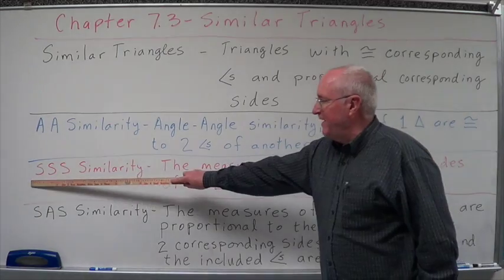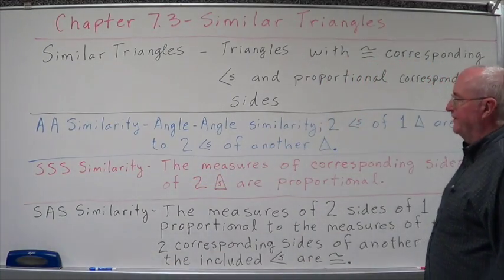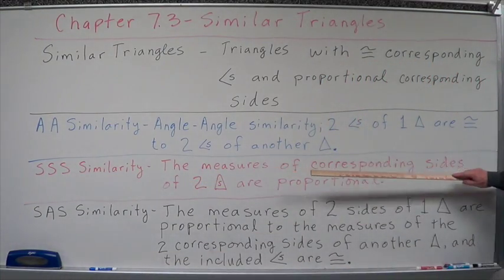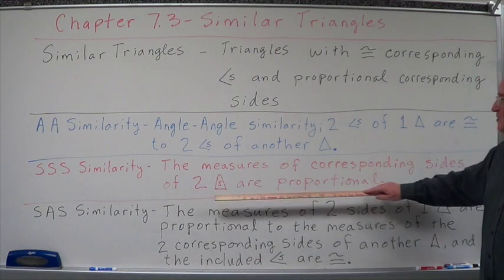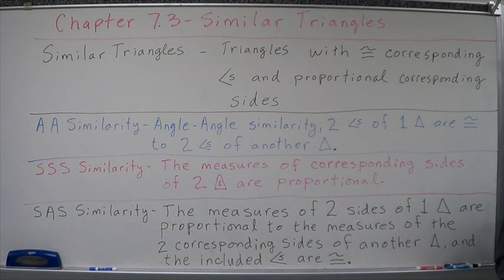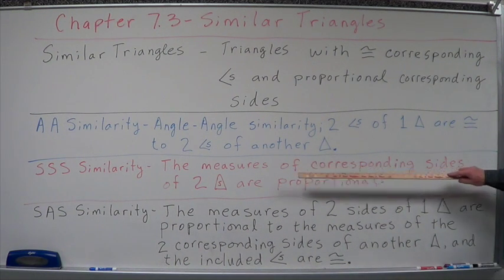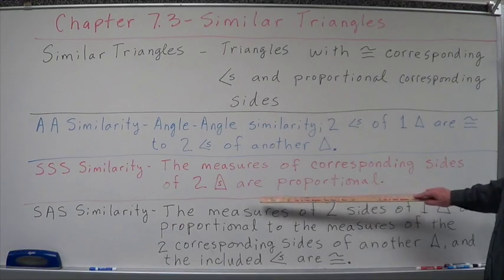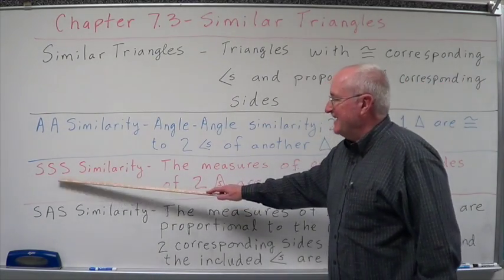Now, we can take the same thing with side-side-side similarity. The measures of corresponding sides of two triangles are proportional.